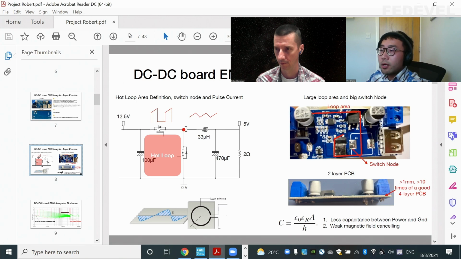And this point, as you can imagine, when the DC-DC converter is operating, is sometimes connected to your 12 volts, sometimes connected to 0 volts. The rate of change depends on the switching speed and switching frequency of these two devices. So this node is bouncing between 12 volts and 0 volts at a very high speed, which creates lots of noise.